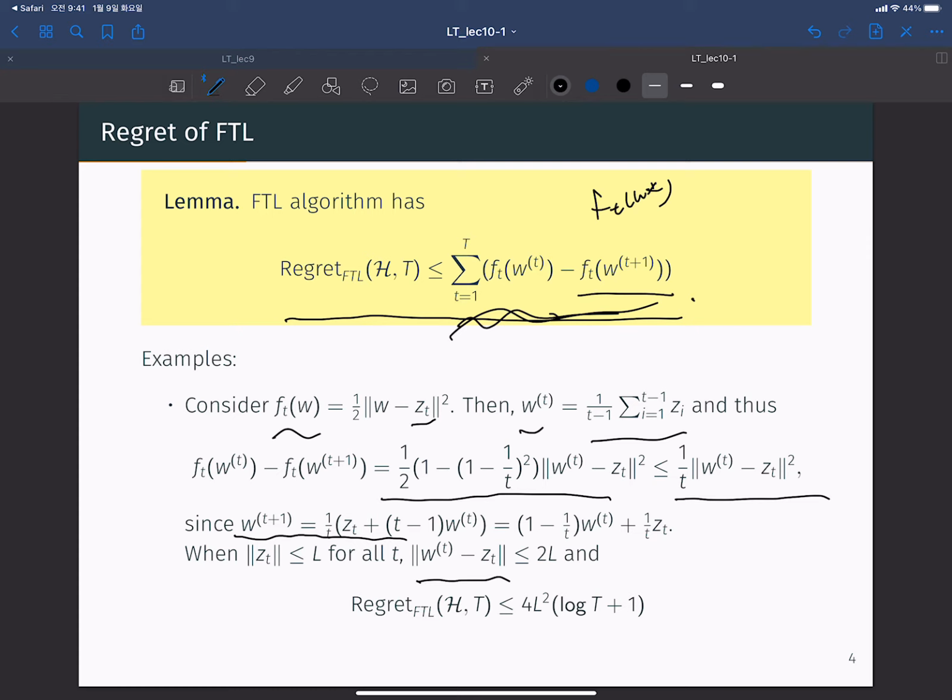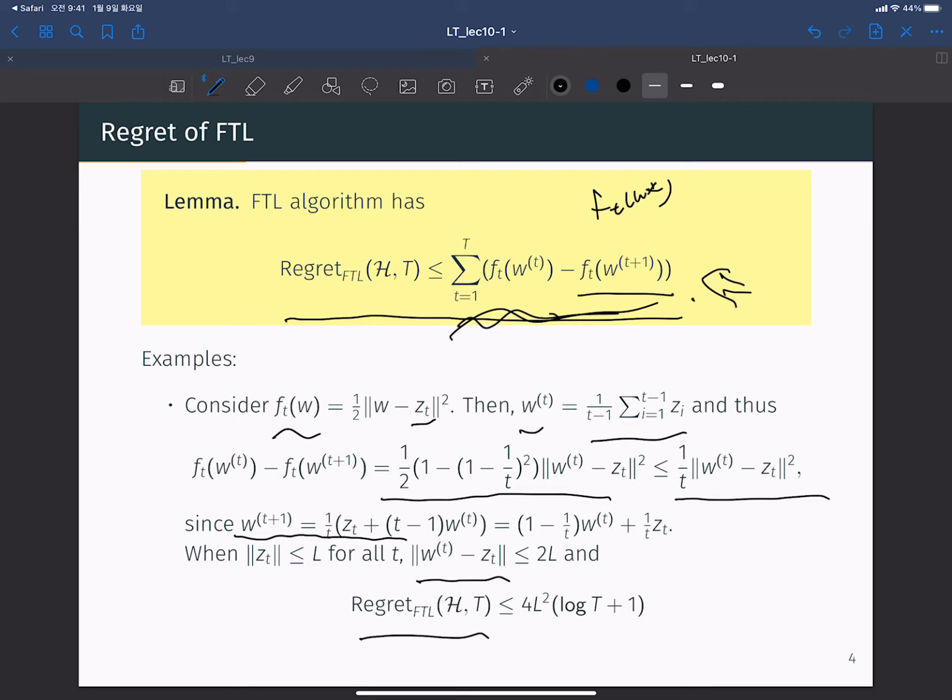So from this lemma, we can say that the regret of the follow the leader rule is upper bounded by 4L squared times log T plus 1.